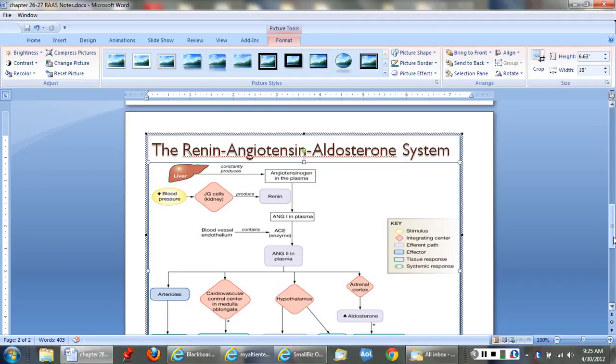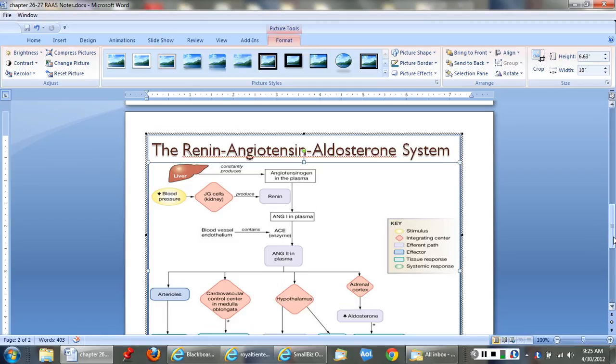So renin activates angiotensinogen, causing it to convert to angiotensin 1. Okay, so the picture, again, I know a lot of students just look at that and say it's just too busy, but for some people, looking at that can help them remember the steps involved and what stimulated what and how things happen.